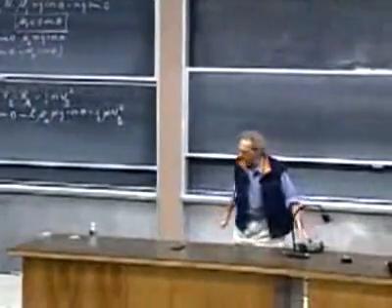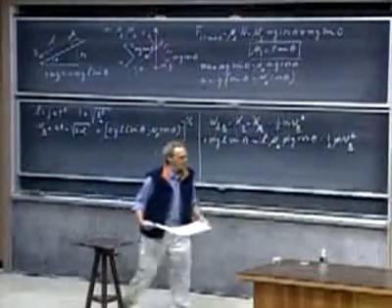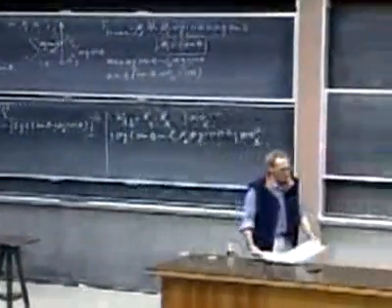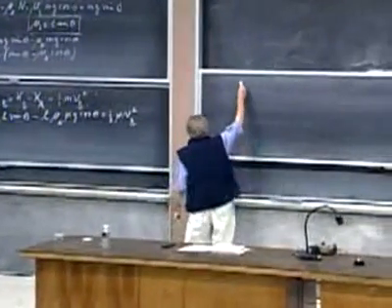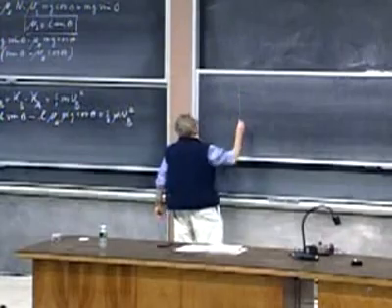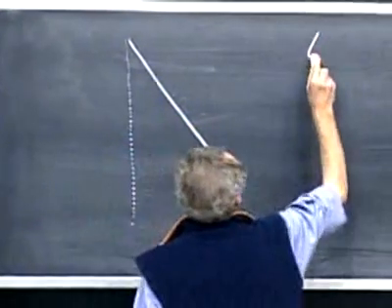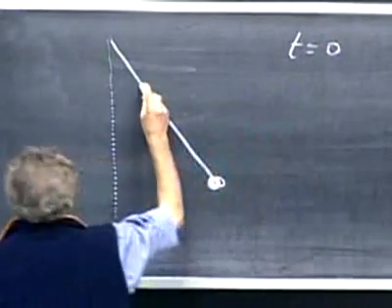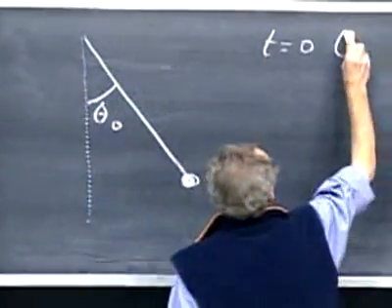All right, so let's continue now on another subject, and the one that I want to talk to you about now is pendulum. I have a pendulum, and the pendulum at time t equals 0, this angle is theta 0, and I know what that angle is.